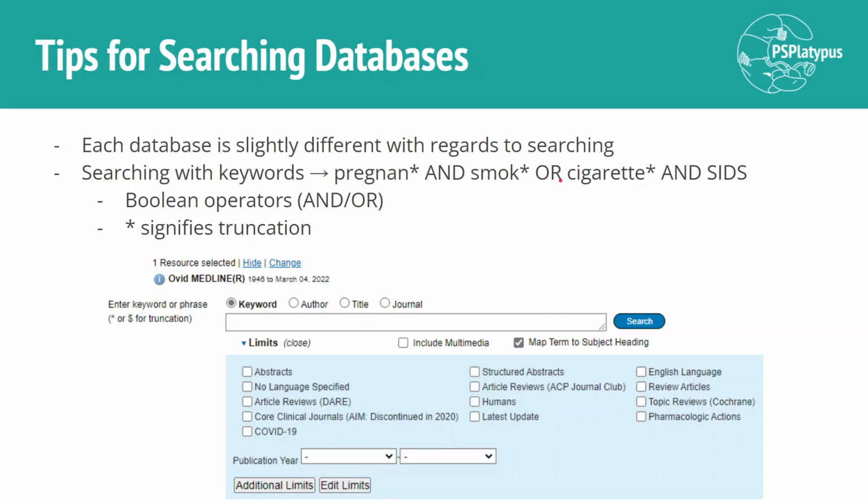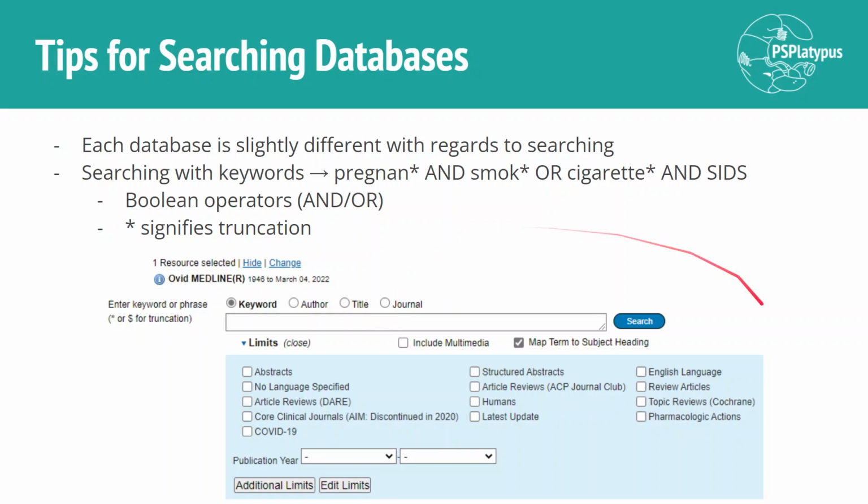So I want smoking, but maybe the article will use cigarettes instead. So I want to capture the article. If there's an article which is what I want, and it specifically talks about cigarettes, that's what I wanted when I meant smoking. So I can use or to broaden my search.